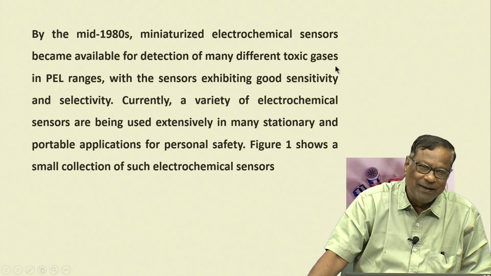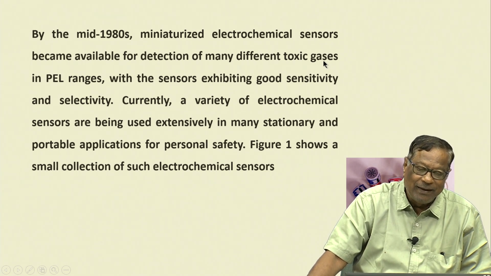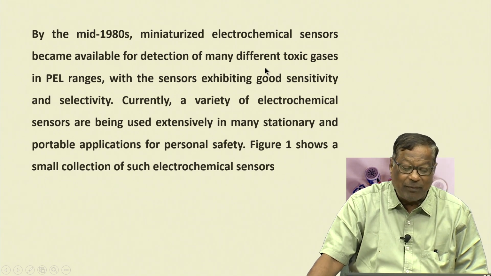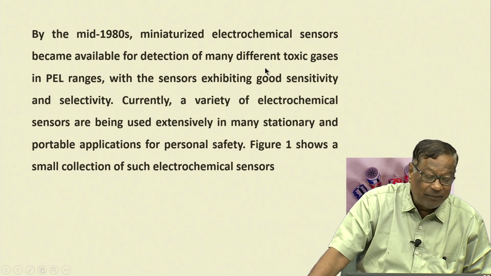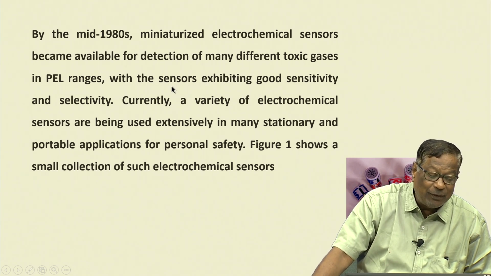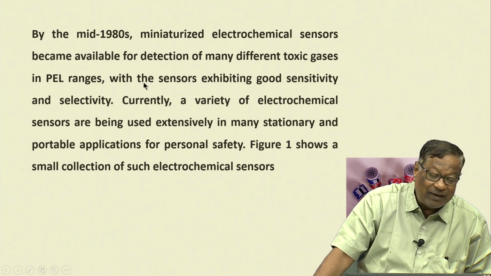Anyway, such things are available in the market. There are people who will import them and sell them to you, and the detection of many different toxic gases in PEL ranges with the sensors exhibiting good sensitivity and selectivity.